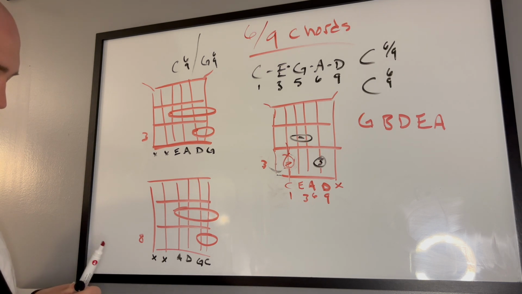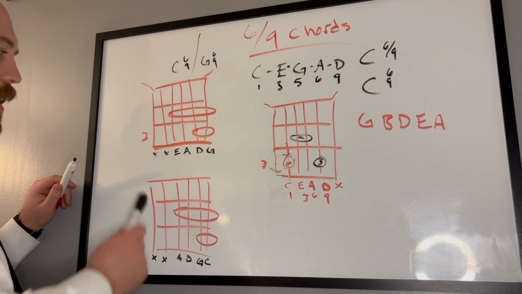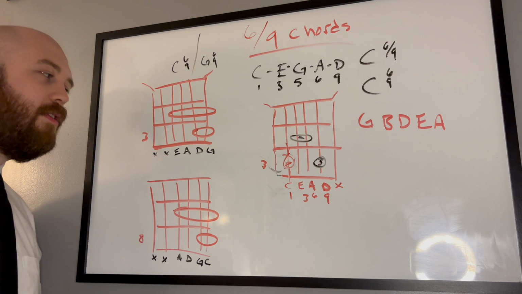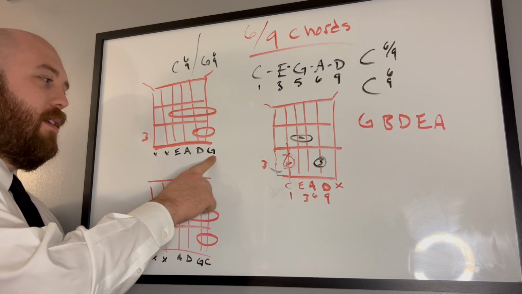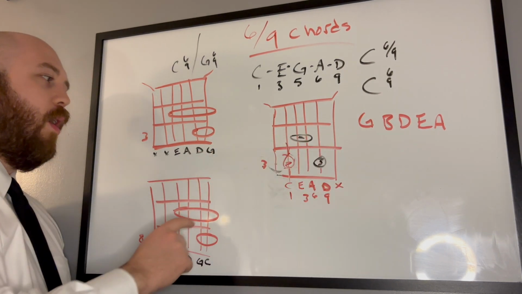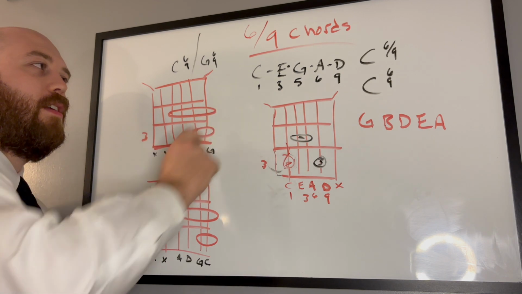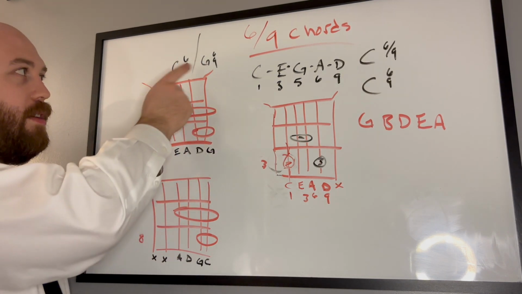Okay, 3rd fret, 8th fret. Now, when we were down on the 3rd fret, see the top note here, G. That could be considered a root note, or it could be considered a 5th of whatever we want to play, 6, 9, or C or G.